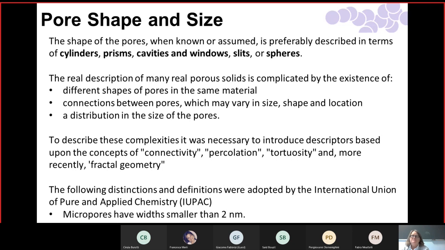And so when you're describing a porous solid, it's complicated because you have the different shapes of pores in the same material, right? You have connection between pores, which may vary in size, shape, and location. And you have a distribution in the size of the pores.